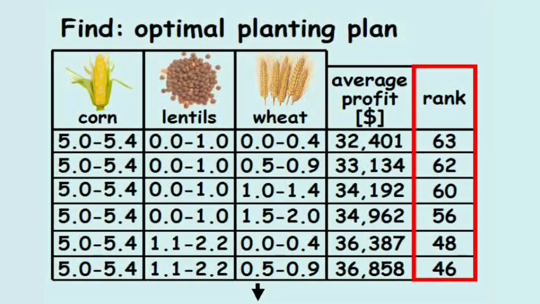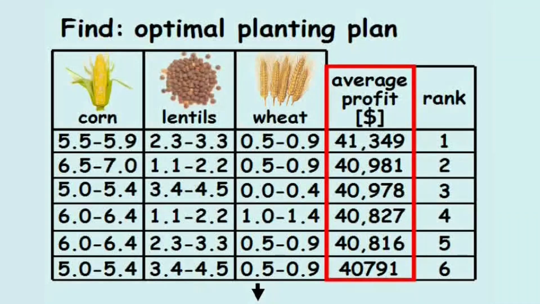As before, each range is assigned a rank, and the ranges are sorted from most profitable to least profitable. We notice the optimal planting plan falls within the range of 5.5 to 5.9 acres of corn, 2.3 to 3.3 acres of lentils, and between 0.5 to 0.9 acres of wheat.